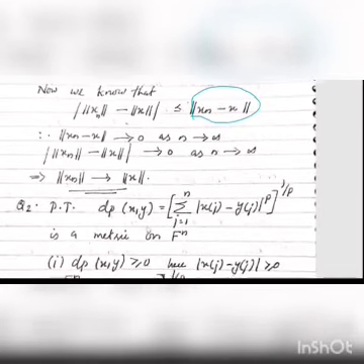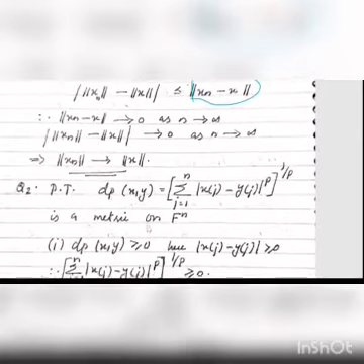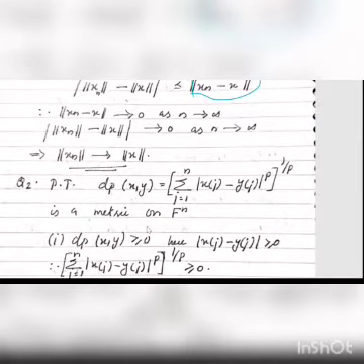Let us see the first condition. dp of xy is always greater than or equal to 0. The reason is, when you find mod of xj minus yj, it will always result in a non-negative quantity.